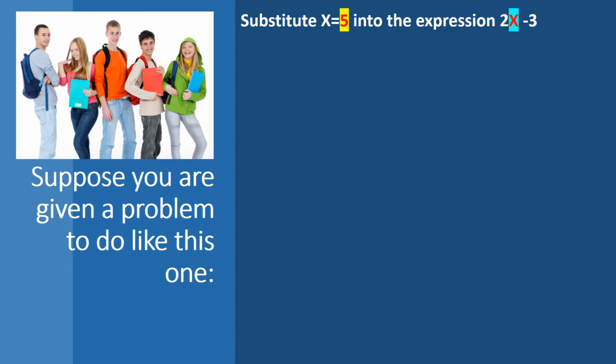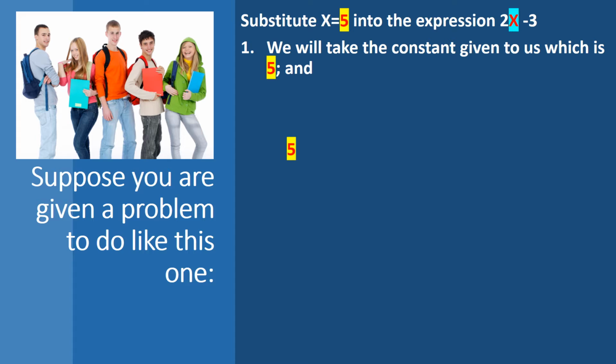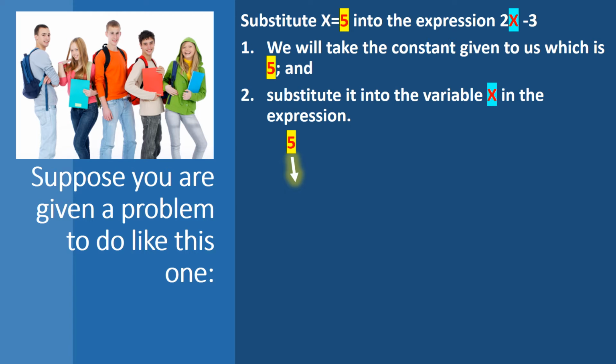So what we're going to do is take that constant that's given to us, which is 5. The second thing I'm going to do is substitute that 5 into the variable x in the mathematical expression. So here I have my 5, and it's going to be substituted into the x of 2x minus 3. So substitute 5 into x.